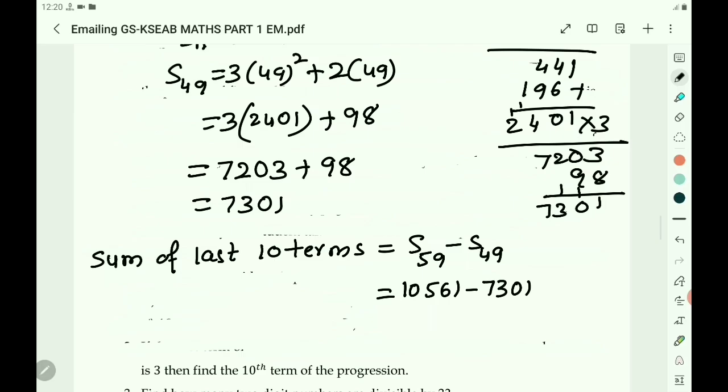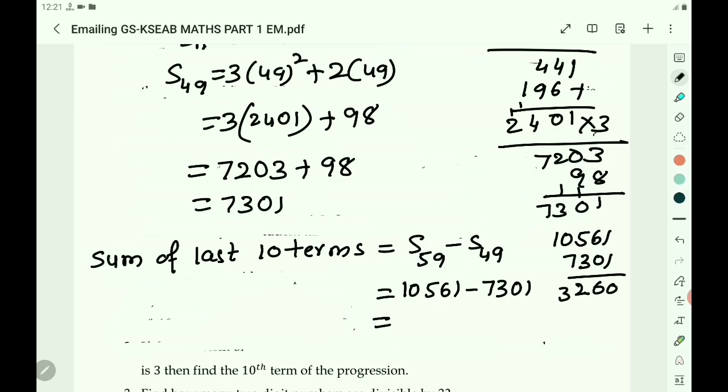Subtract 7,301 from 10,561. 10,561 minus 7,301. 1 minus 1, 0. 6 and 5 minus 3 is 2. Here 10 minus 7 is 3.